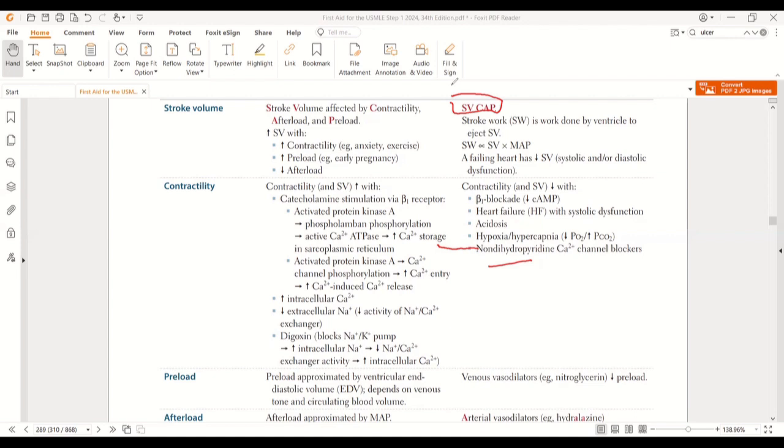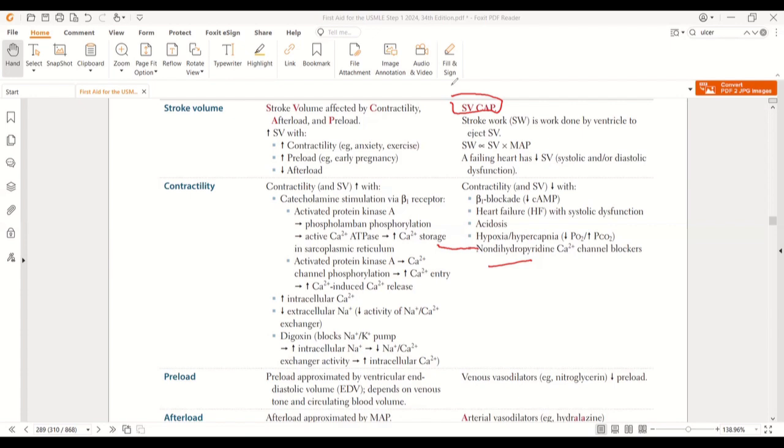She's saying that she has a confusion all the time with knowing the difference between stroke volume and contractility. Yes, I agree, it can be a little bit confusing. The way I try to remember is that contractility: the heart needs to contract in order to pump blood out to the body.